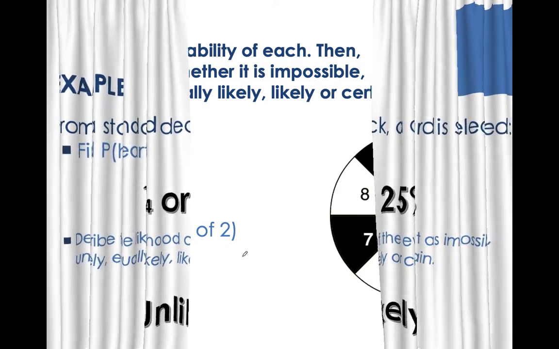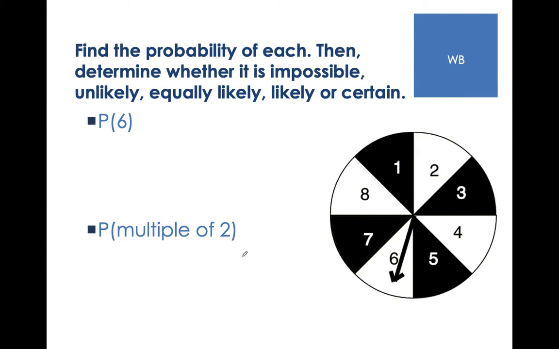Now let's try a couple examples on our own. First, find the probability of each of these and then determine if it is impossible, unlikely, equally likely, likely, or certain. This first one, the probability of spinning the spinner and landing on a 6 is a 1 out of 8 chance, which is unlikely because it's less than half.